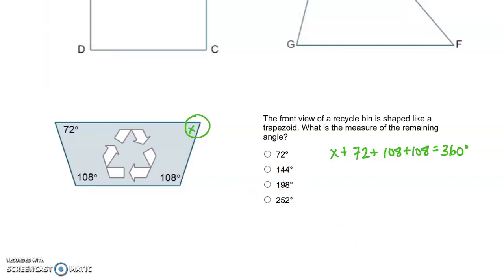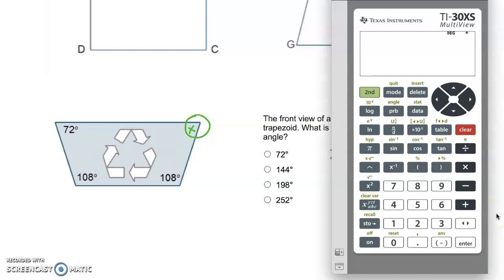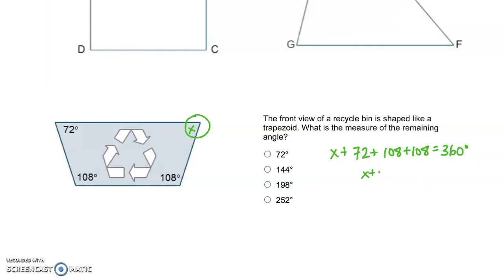So I'm just going to add these up real quick. 72 plus 108 plus 108 is 288. So I know X plus 288 equals 360, and then I just subtract 288 from both sides, and I find out X is equal to 72 degrees right there.